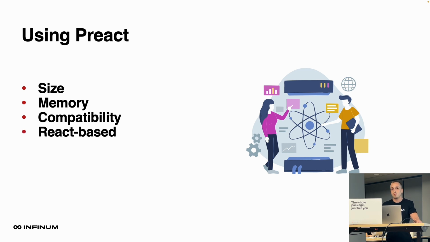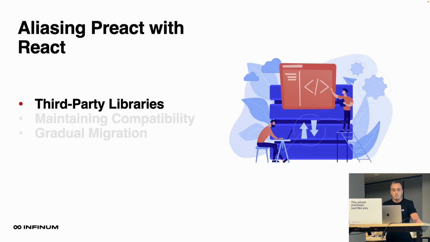So if you're already familiar with React, transitioning to React can be relatively straightforward because the APIs and the concepts are very similar. Also, you can alias React with React, and by that you can ensure that some third-party libraries that are using React can also work as expected with React.